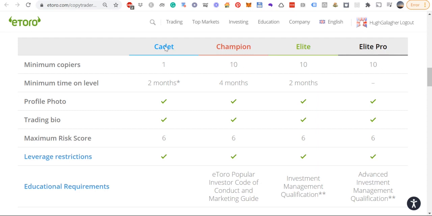And then the cadets are the new popular investors, with at least 1 copier, although they quite often have a lot more than that. They've been 2 months at that level on the platform, where they're getting a certain level of results that enable them to become a popular investor in the Popular Investor Program.